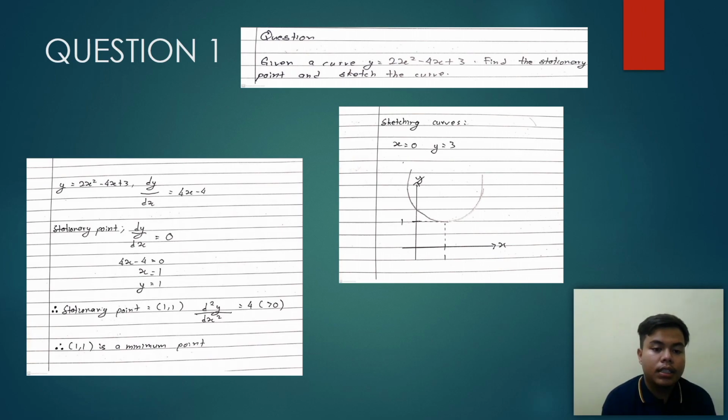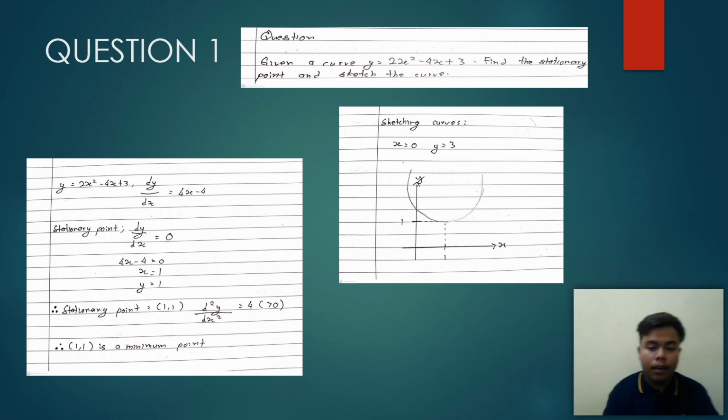For the stationary point, dy/dx equals 0, then 4x minus 4 equals 0, so x equals 1 and y equals 1. Therefore the stationary point is (1, 1). And d²y/dx² equals 4, which is more than 0. Therefore (1, 1) is a minimum point.